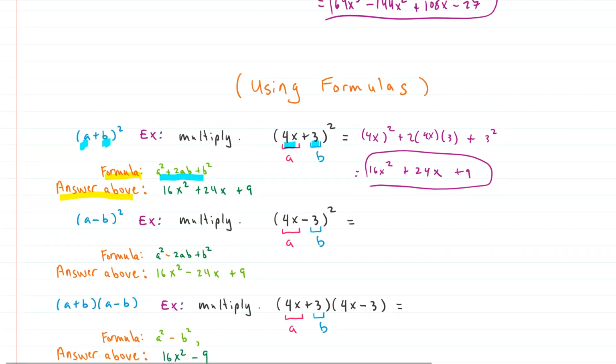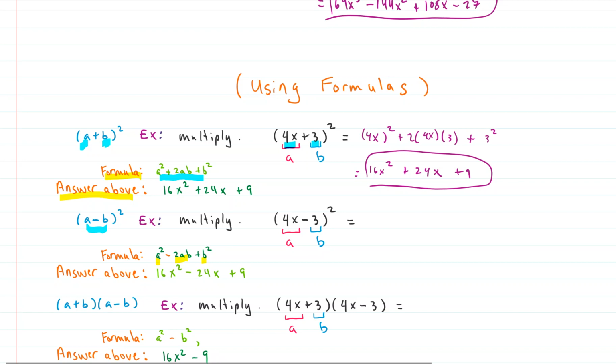Let's do our next one. Our next form is a minus b quantity squared, but our formula is a squared, and I've put the negatives in red so you can see, a squared minus 2ab plus b squared. So let's write that out. A is, again, 4x, and b is 3.